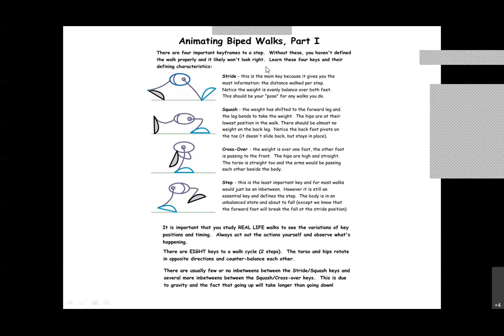But within cartoon animation, you have dogs that can walk on two legs. Like a wolf. A wolf can walk on two legs. That's his personality. He can walk on two legs like a human. That character would be a biped. But if you're creating a more realistic wolf, that wolf would be walking on four legs. That would be a quadruped. So we're focusing on walks for biped characters that have two legs.